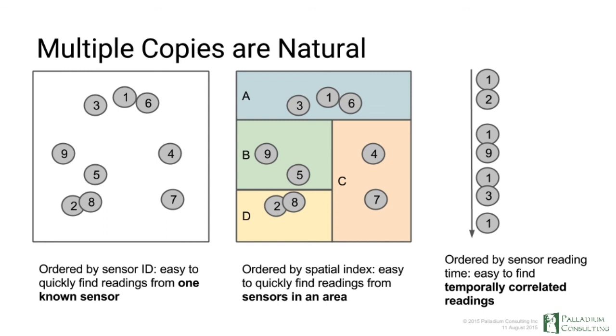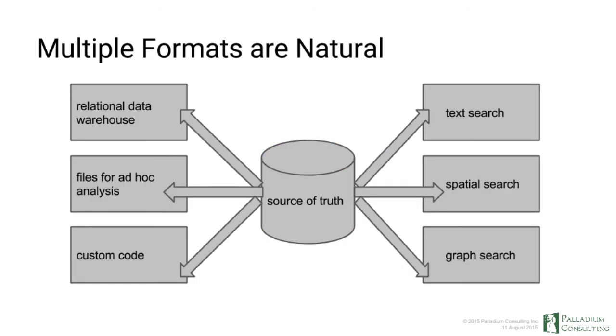You may need to give yourself permission to hold multiple copies of it. You want to show sensors closest to the door, you're going to need a spatial index. You want to figure out what sensors failed within 5 seconds of the failure of any other sensor nearby, well, you'll need a list of readings ordered by time. So sadly, one of the ways to make your big data much smaller may be to actually hold even more copies of it, which you're able to access and index more accurately.